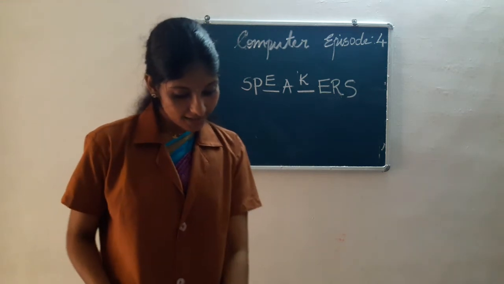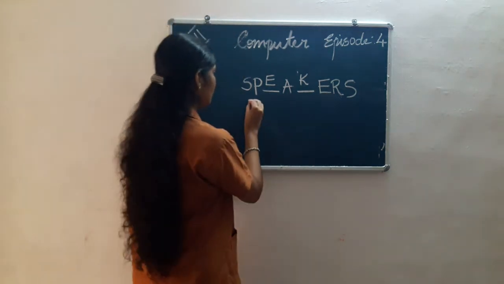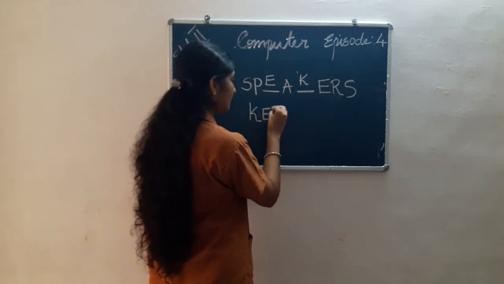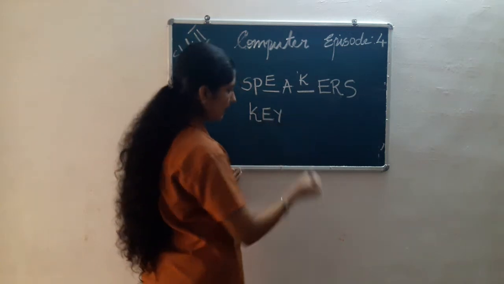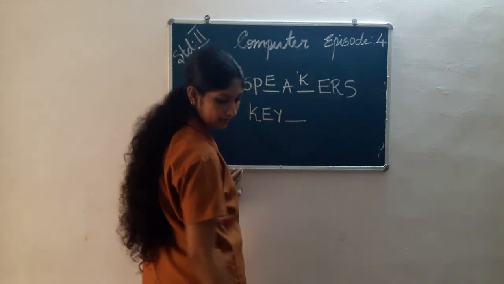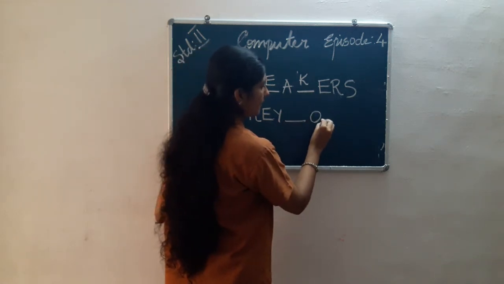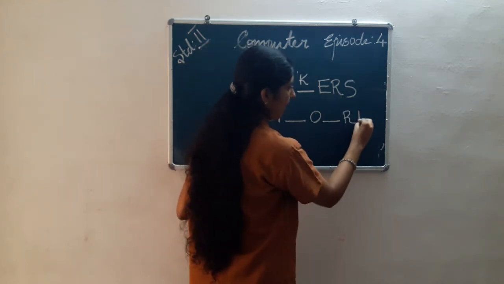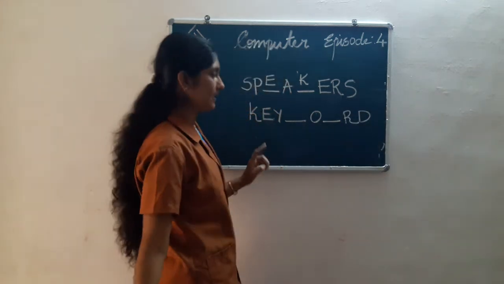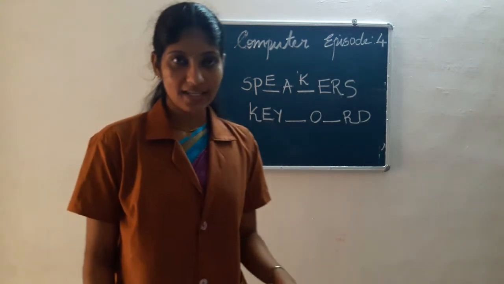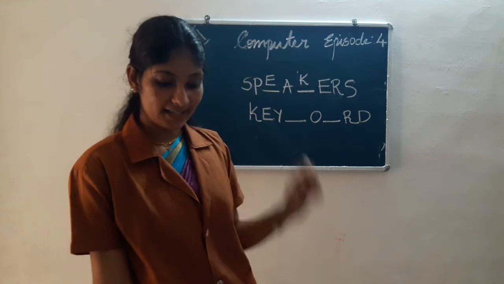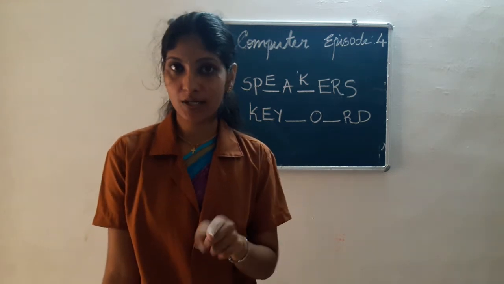Right? Another question is K, E, Y, and there is a missing letter, and O, then another missing letter, then R, D. Can you identify what the word is? Yes, there is a picture in your textbook.